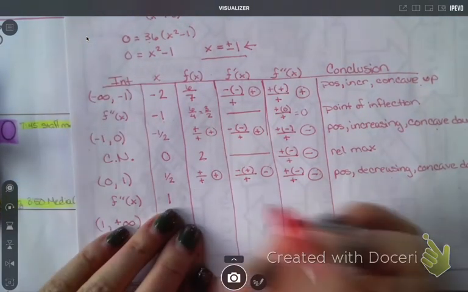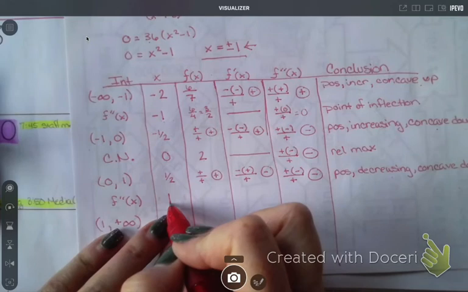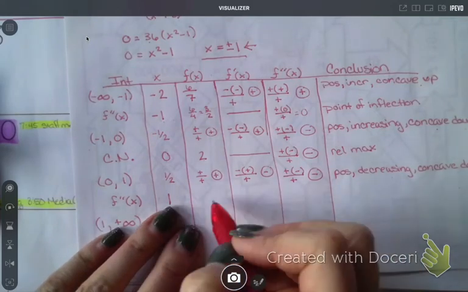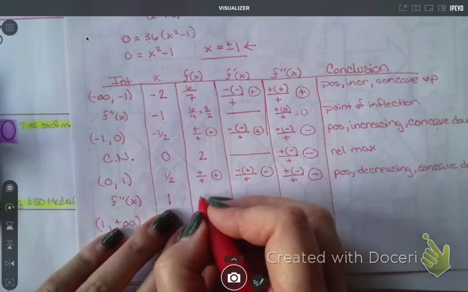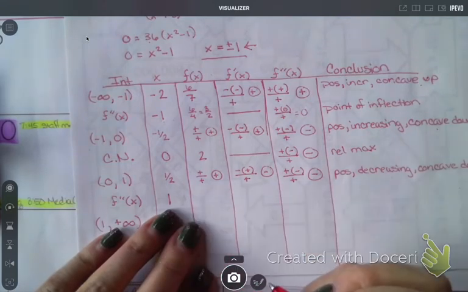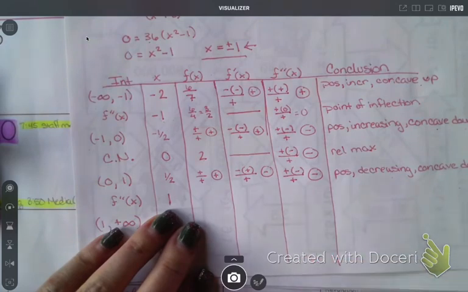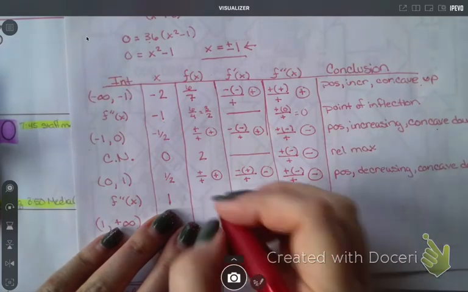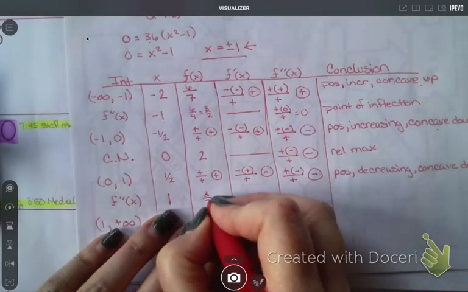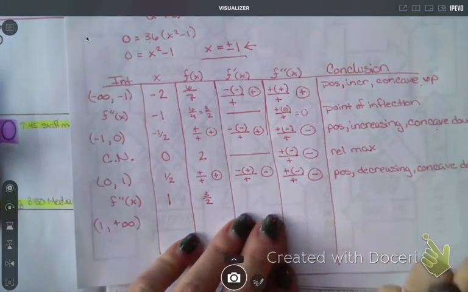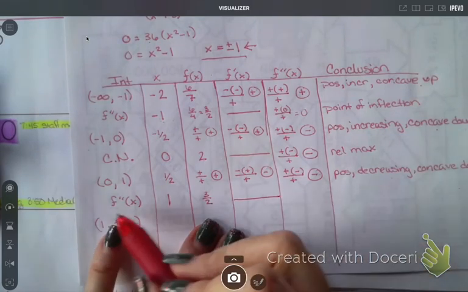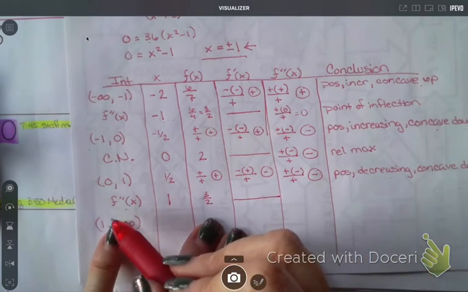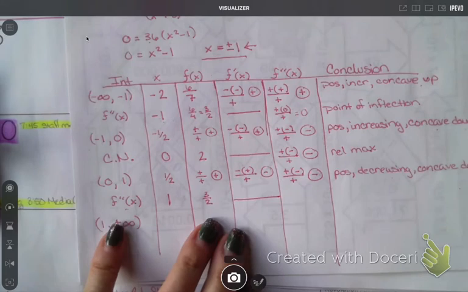So, f of 1. If we plug in 1 to f of x, I think we get 3 over 2 again, don't we? The same as negative 1? Yeah. Yep. Okay. I'm not going to plug it into the first derivative because it's not a critical number. This is why it's important to tell yourself where it came from. Does that make sense? That it's not an interval.